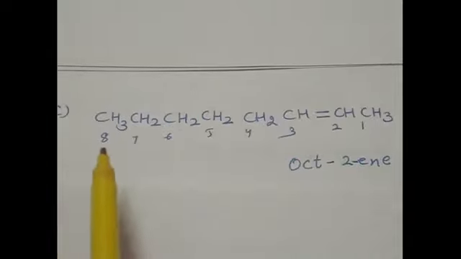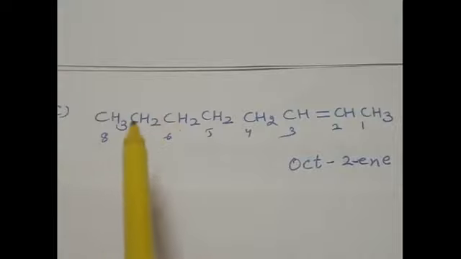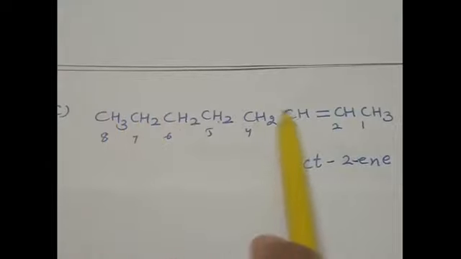Part C is CH3, CH2, CH2, CH2, CH2, CH double bond CH, CH3. As you can see, there is no substituent group present here. So we have to find the longest chain which has the double bond. This is the only parent chain. Let me count the carbons: 1, 2, 3, 4, 5, 6, 7, 8.